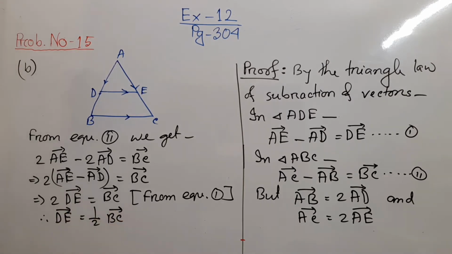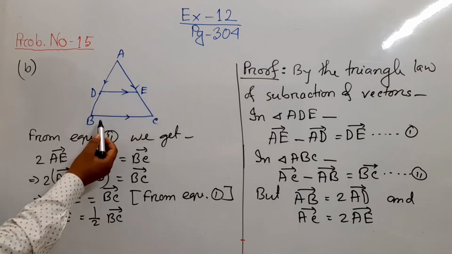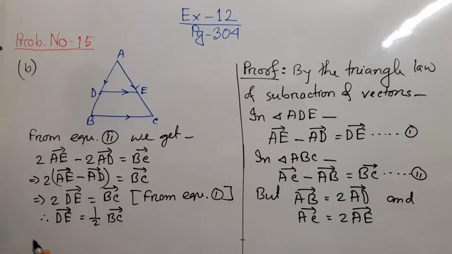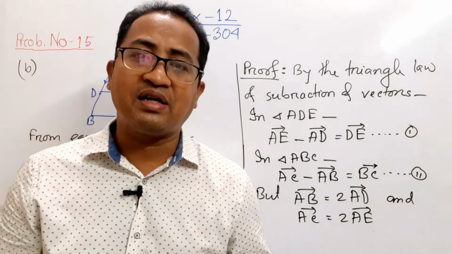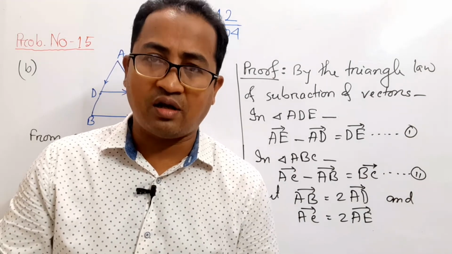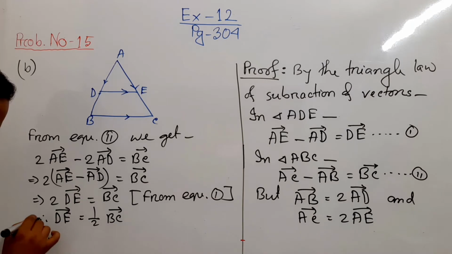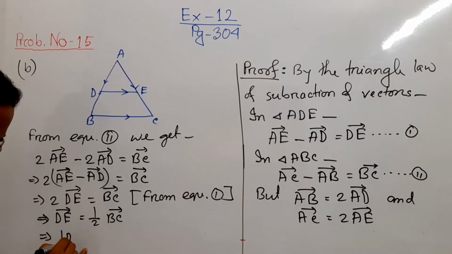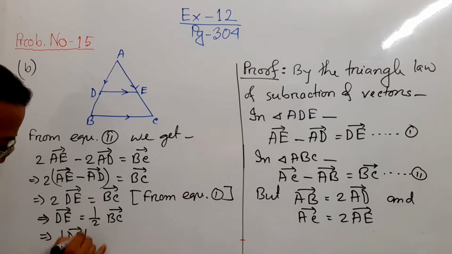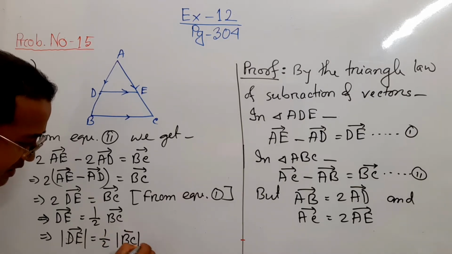So vector DE is equal to half of vector BC. But in the question it is given in scalar terms, so we need to convert it into scalar terms.